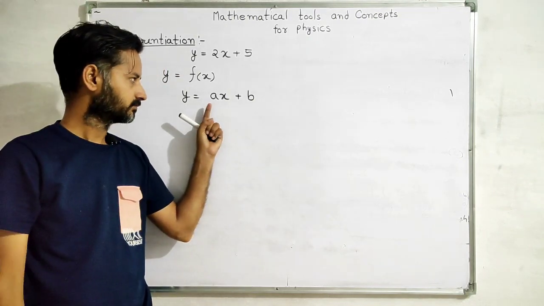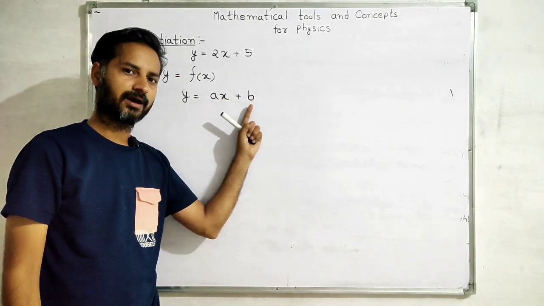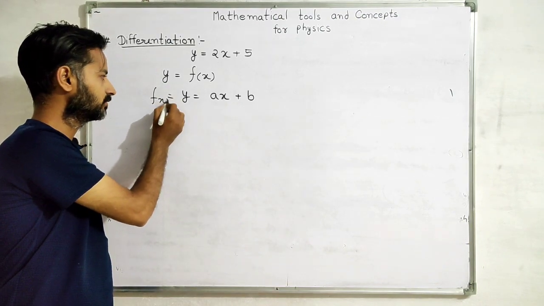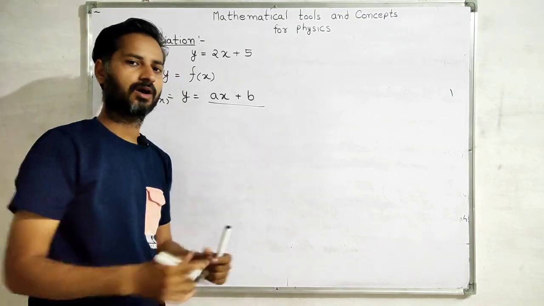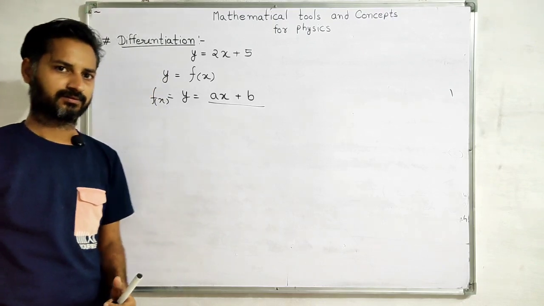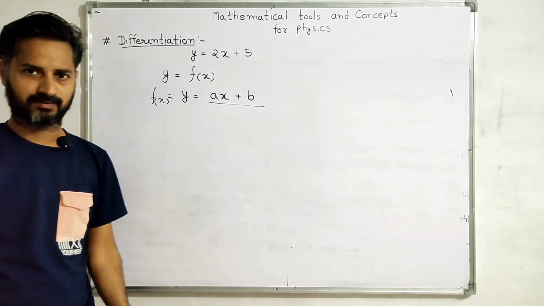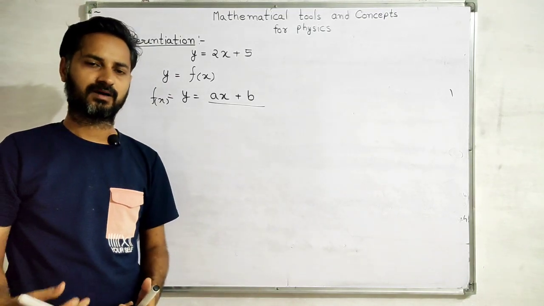Here, if a and b are constants, then this function is called a linear function. For this we get the graph of a straight line.